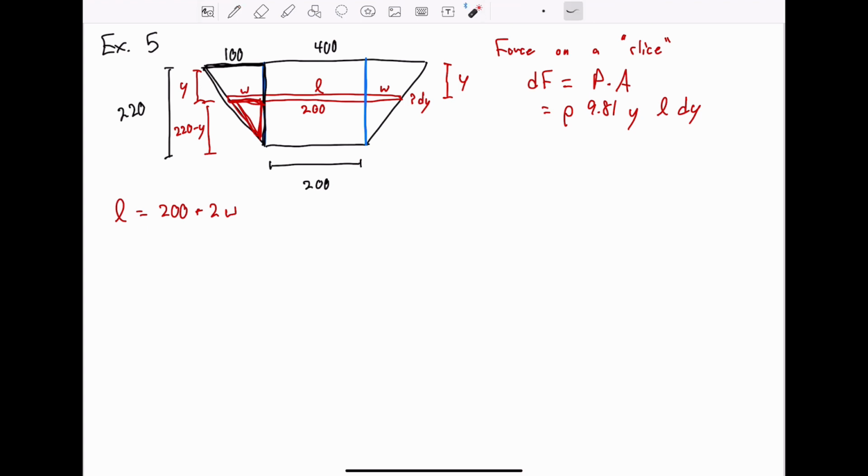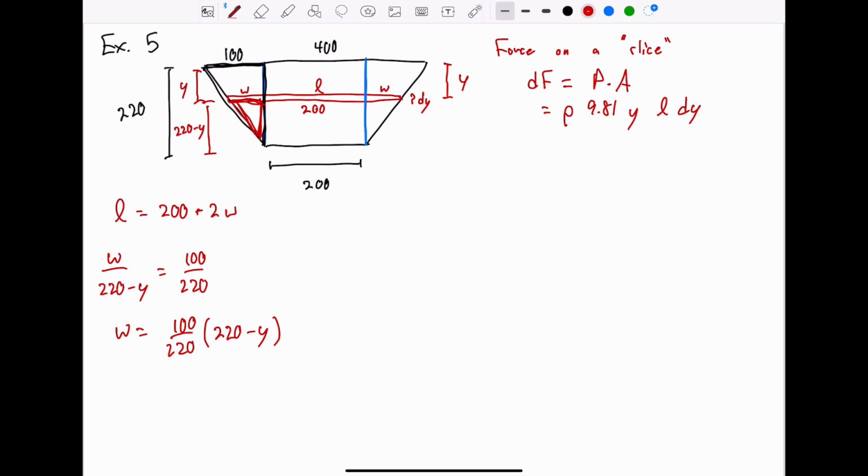So we can write an expression that relates this length W with this height. That ratio equals the ratio for the larger overall triangle. So we can write here W divided by 220 minus y equals 100 divided by 220. If we solve this for W, we have W equals 100 divided by 220 times 220 minus y. This is an expression for W in terms of y.